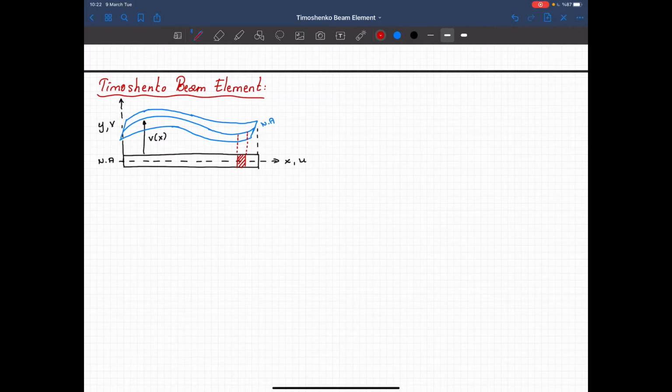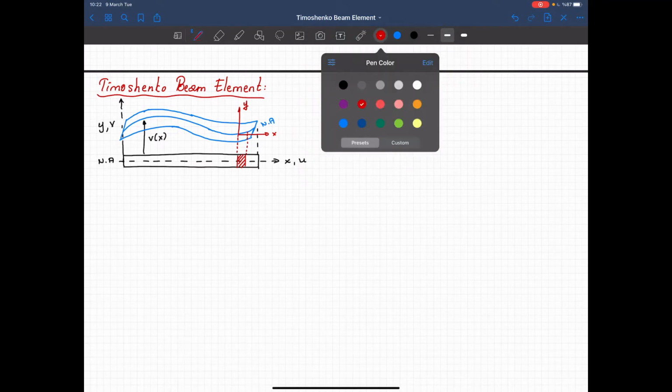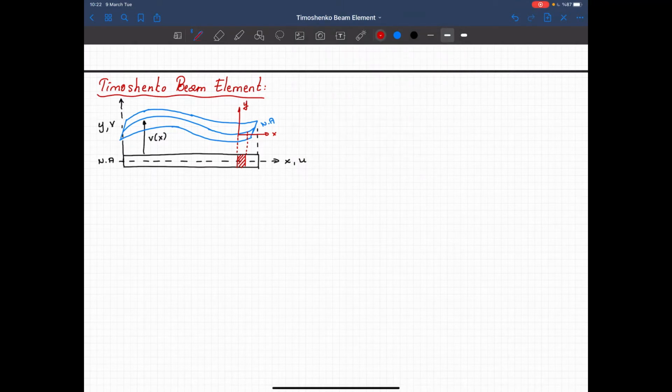So let me put this coordinate axis here also. That's x, that's y. Now the derivative of this element at this point, let me use a different color now, is this one.